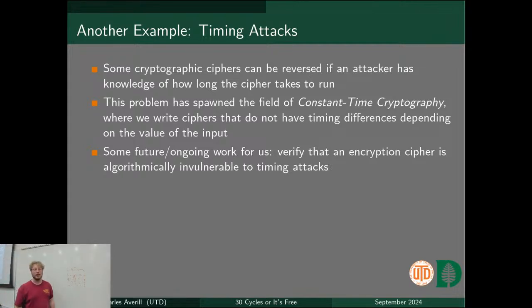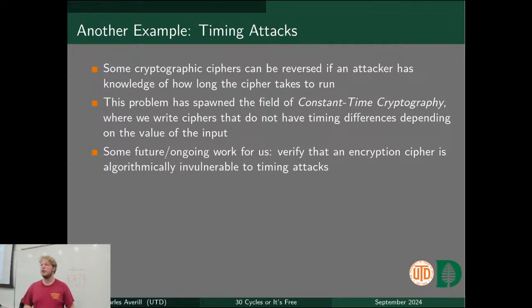But another reason I was interested in RISC-V is because there's an extension to RISC-V, I think called Zkt, that is specifically designed to replicate all the normal instructions, but their implementations are timing consistent. So no matter what the arguments to the instruction are, the instruction always takes the same amount of time.